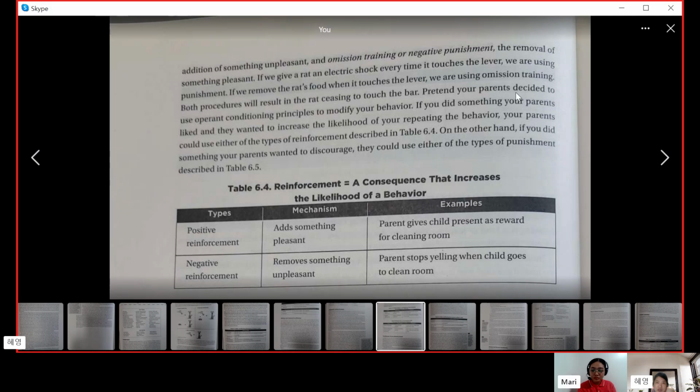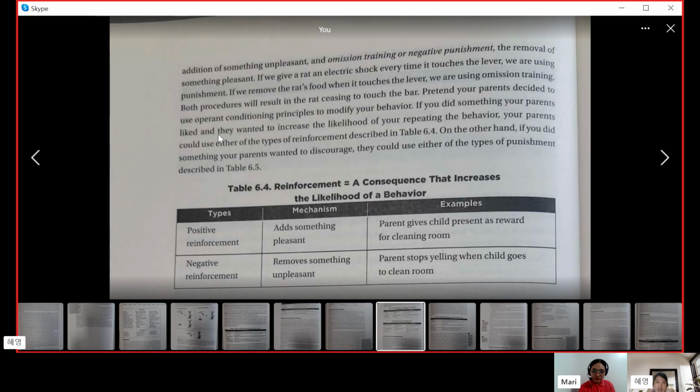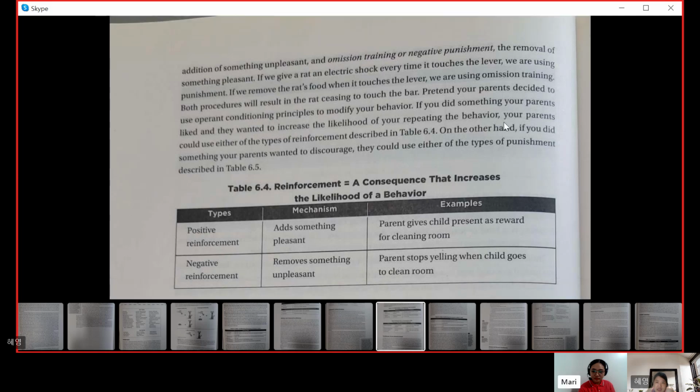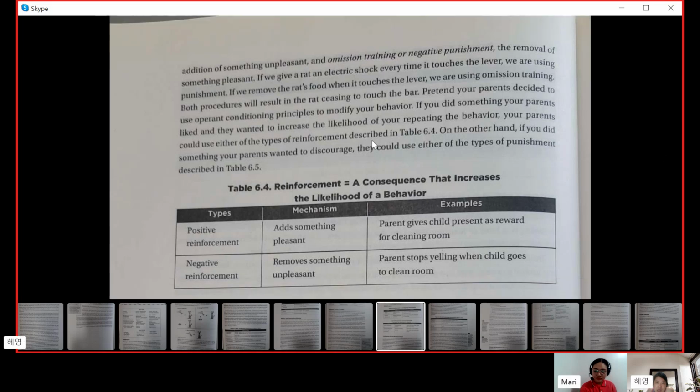Pretend your parents decide to use operant conditioning principles to modify your behavior. If you did something your parents liked and they wanted to increase the likelihood of your repeating the behavior, your parents could use either type of reinforcement described in table 6.4.